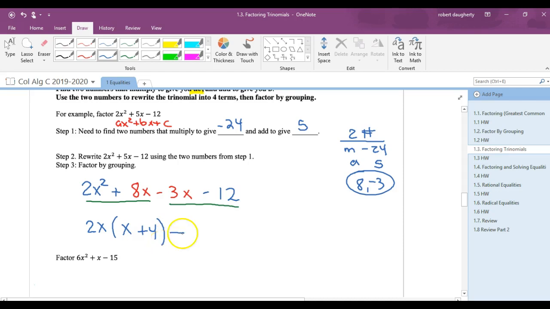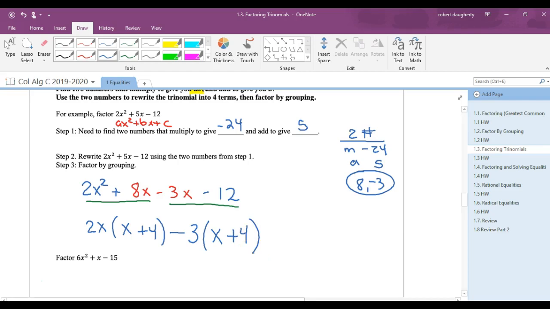Here's a minus sign, copy that minus sign down. What number do these next two things have in common? 3. What do you multiply negative 3 by so that you get negative 3x? X. What do you multiply negative 3 by so that you get negative 12? Plus 4. If you've done this correctly, you should see the same thing in parentheses.